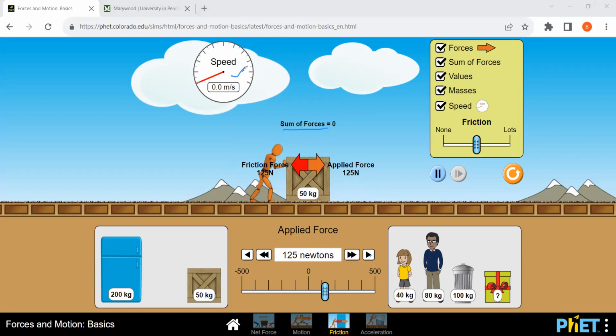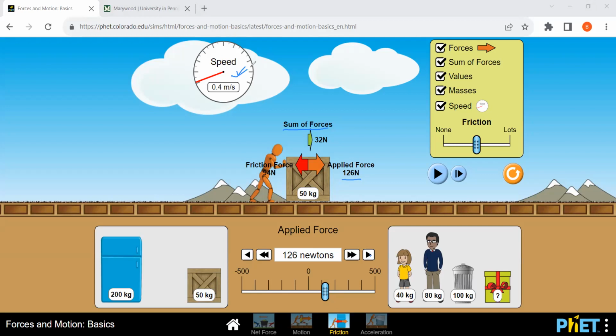But whenever we have 126 Newton applied force, two things happen. Here you see that when we have 126 Newton, it starts moving. You see that now the speedometer is not 0 meter per second, so that means it starts moving.